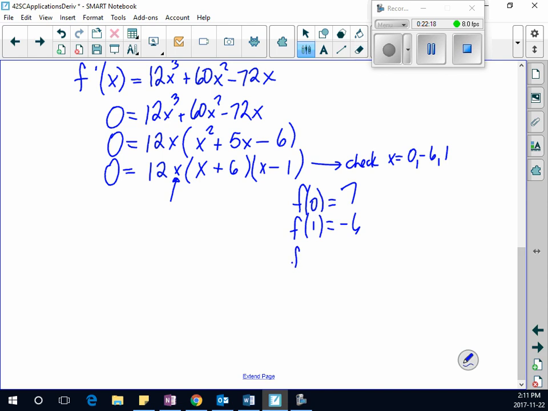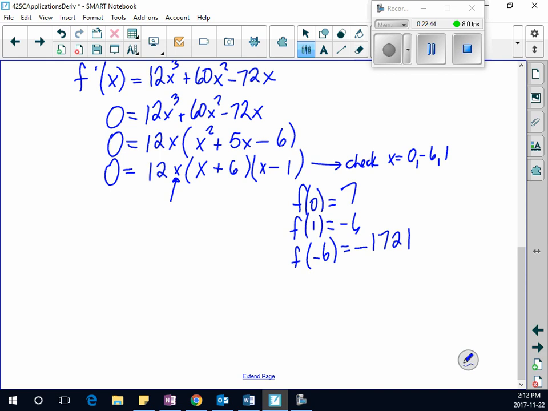And f of negative 6 is negative 1721. So what do you think out of all this? Well, we got the max and the min. 7 is the max, negative 1721 is the min. So, is this an absolute max or min?